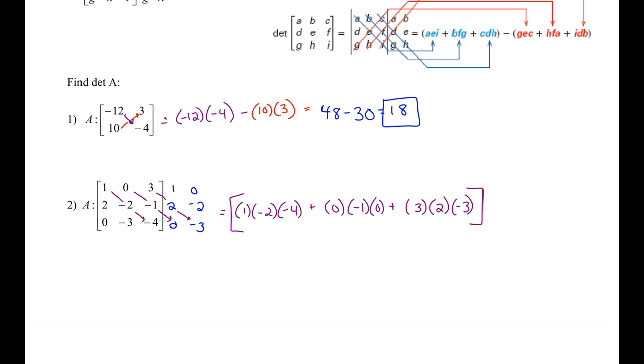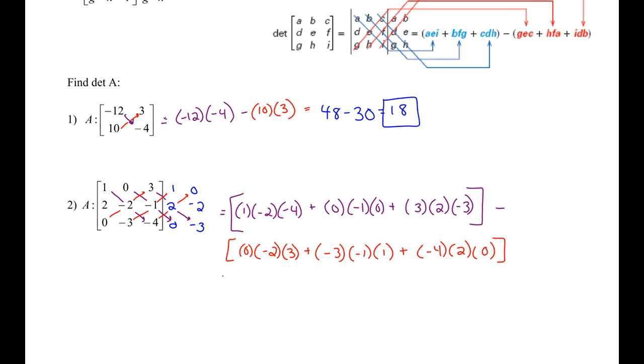I then need to subtract this by the sum of the products of the diagonals going up. So now I start with 0 times negative 2 times 3, and I'm adding that to negative 3 times negative 1 times positive 1, and to my third diagonal, which is negative 4 times 2 times 0.